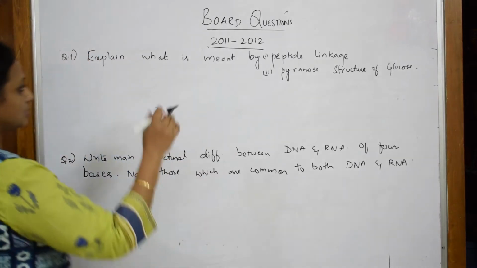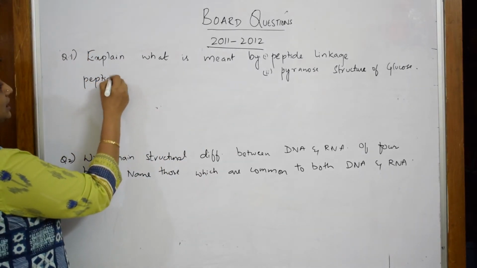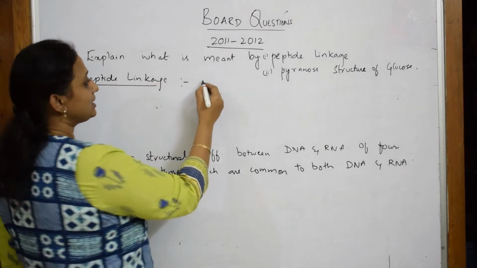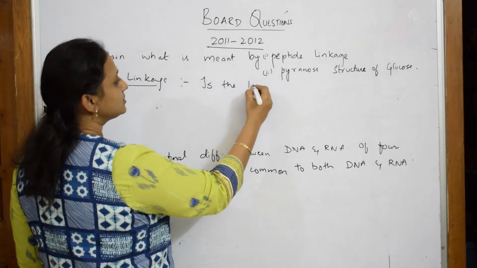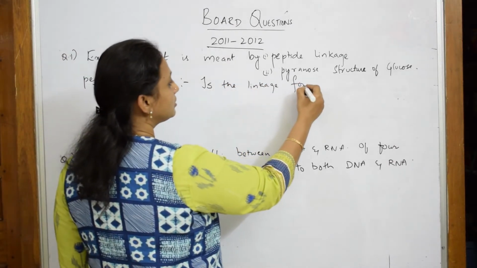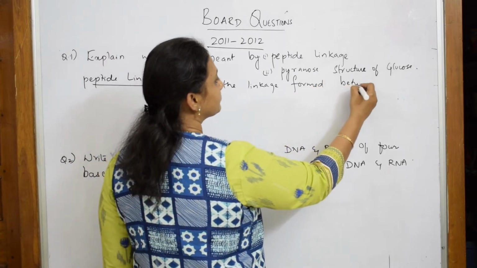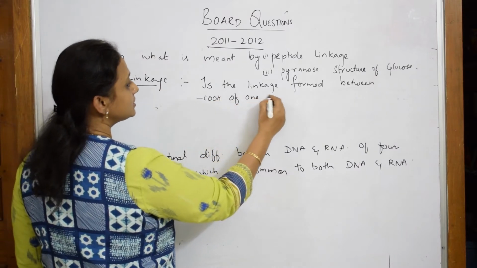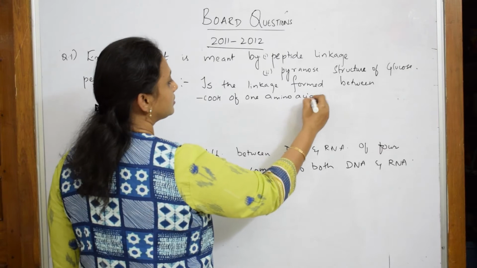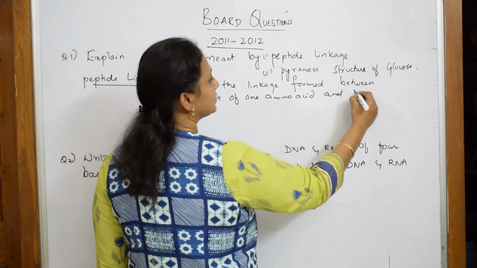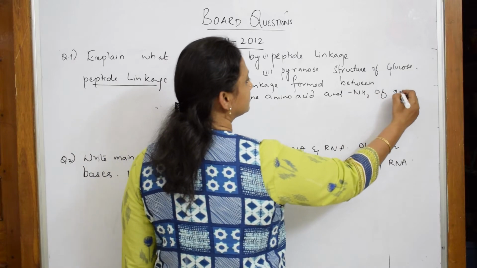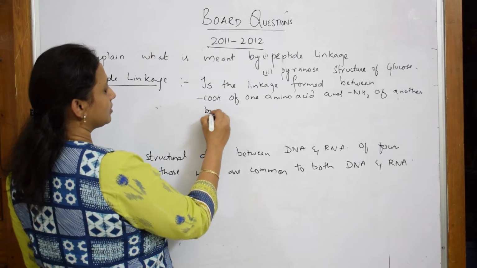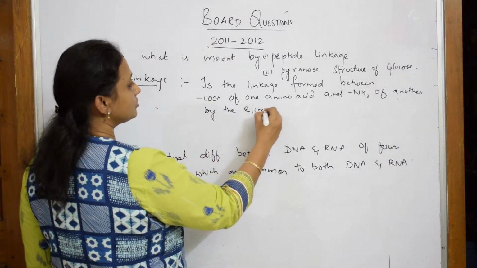So what I have to explain is what is peptide linkage. I have to write in words. How should I write? Peptide linkage basically is the linkage formed between the carboxylic group of one amino acid and amino group of another by the elimination of water molecule.